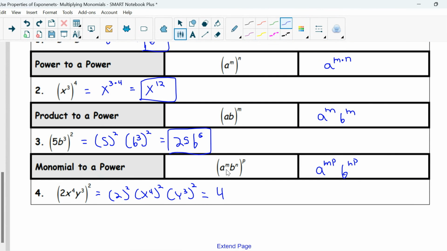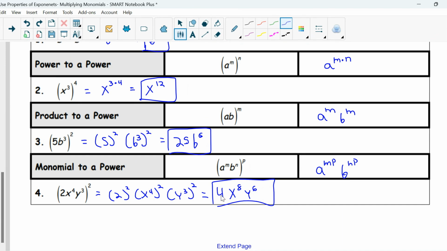So we'll multiply our powers, power to power. So we have x to the 8th power. And then finally, we have y cubed raised to the second power. 2 times 3 gives us y to the 6th power. So monomial to a power is really like combining both product to a power and power to a power.